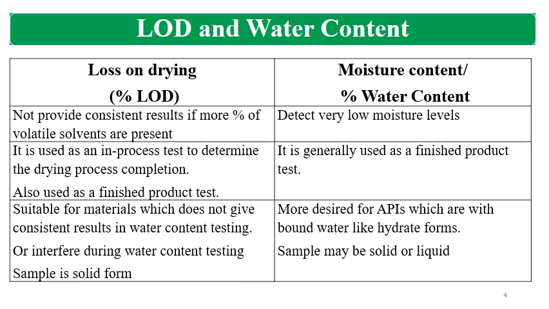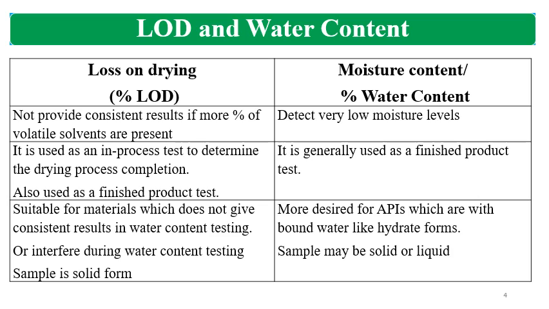And the water content test is generally used as a finished product test. Also, water content is determined during stability studies to check whether the material is ingressing moisture or not. Then the moisture content test is very important for hygroscopic materials. LOD is suitable for materials which do not give consistent results in water content testing or interfere during the water content testing.